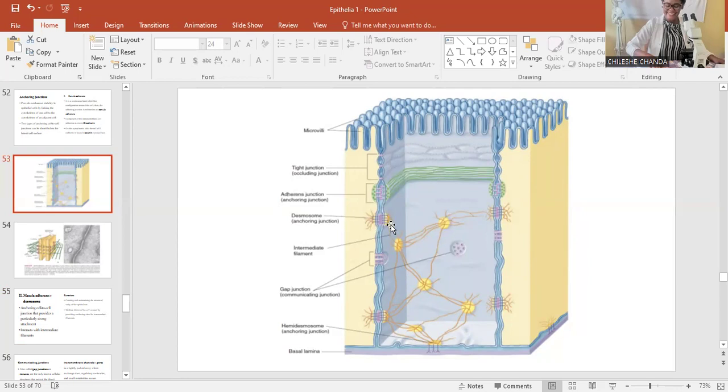The desmosome will be formed by the presence of transmembrane proteins that are going to attach to the transmembrane proteins of the next cell. And therefore, you find that they're going to make these kinds of structures that are known as the desmosomes. Those are some of the junctions.